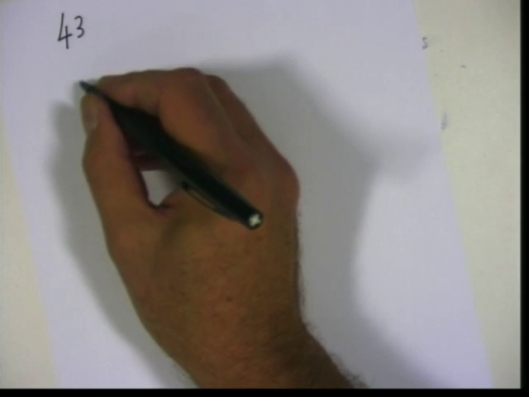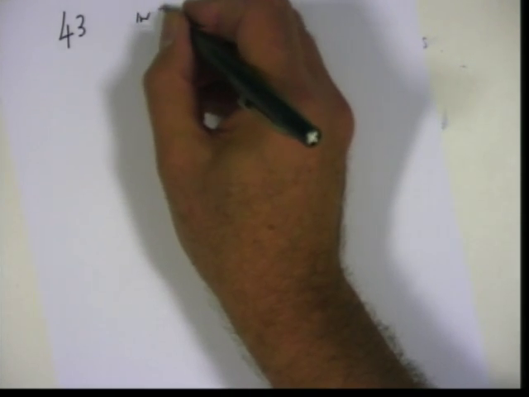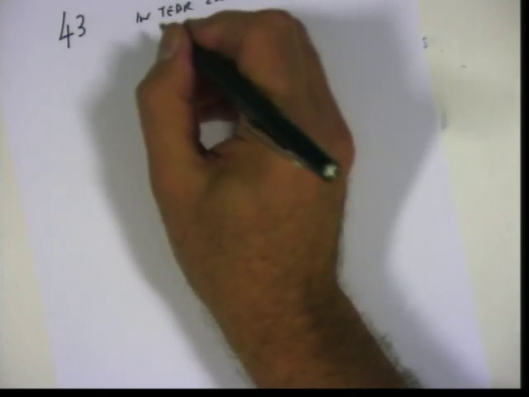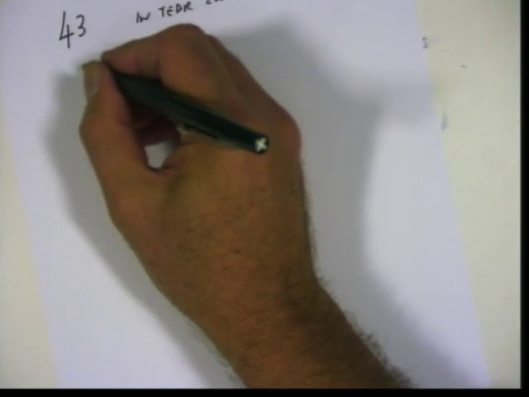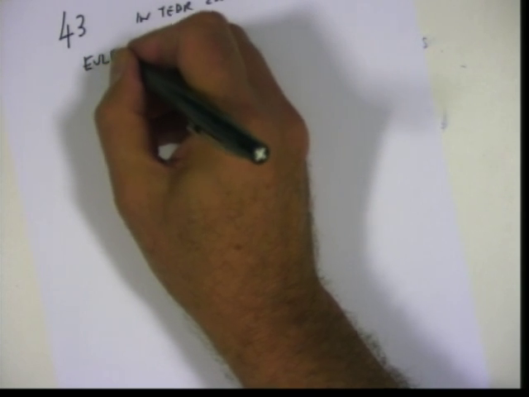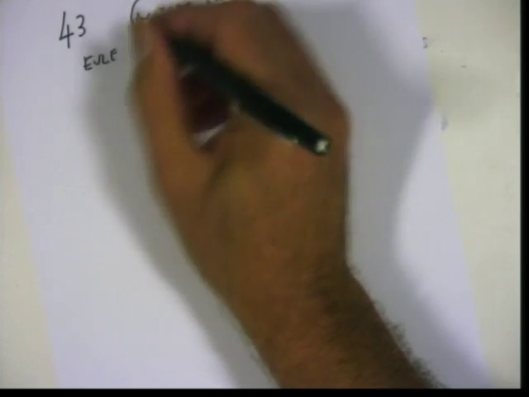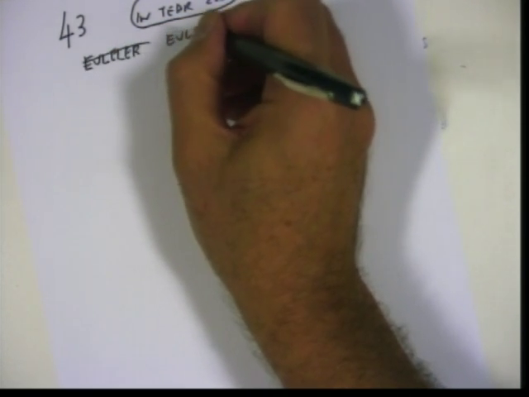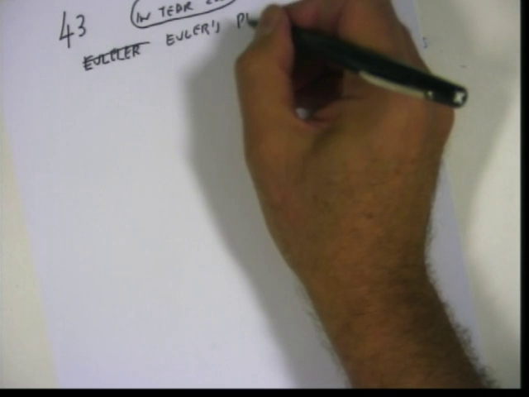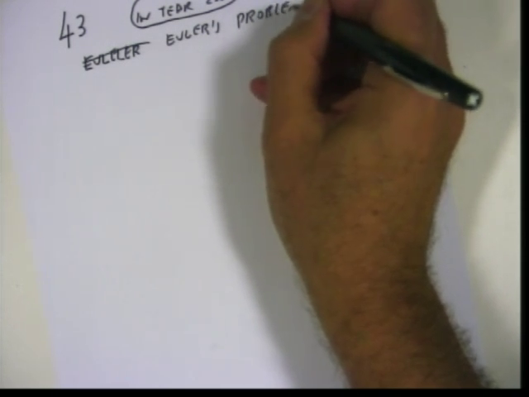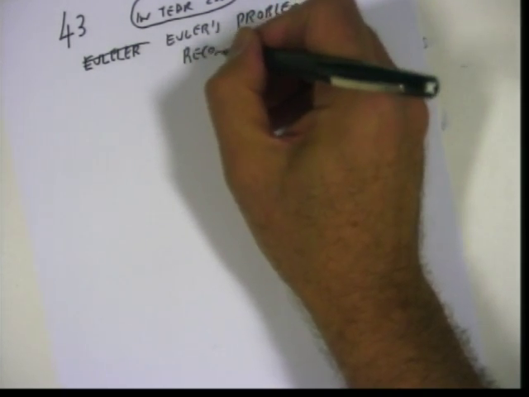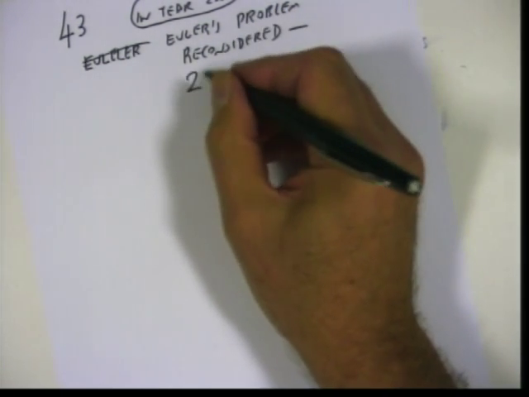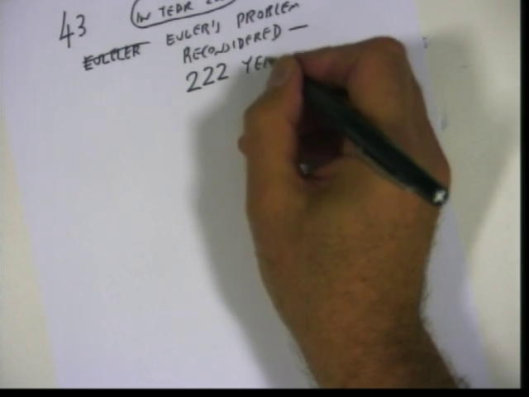So in year 2000, I published the following paper, which is called like this. Euler's, so that is a topic. Euler's problem reconsidered, 222 years later.